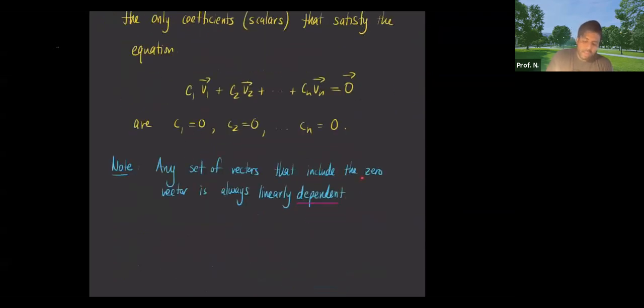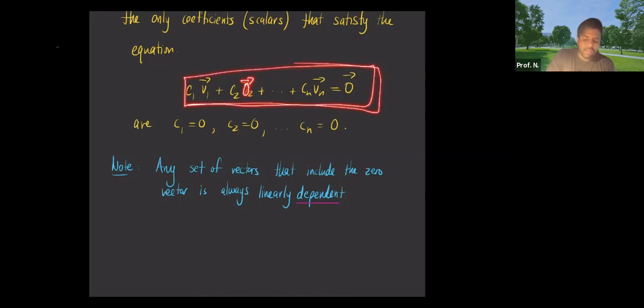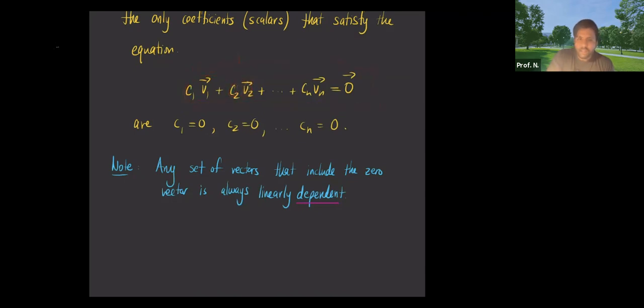Now, what does that mean with zero vectors? If one of the vectors here is a zero vector, do you notice that this scalar could be anything other than zero? It doesn't have to be zero. The moment I have a zero vector in a set of vectors, the scalar associated with that zero vector in this equation could be anything because it always results in zero.